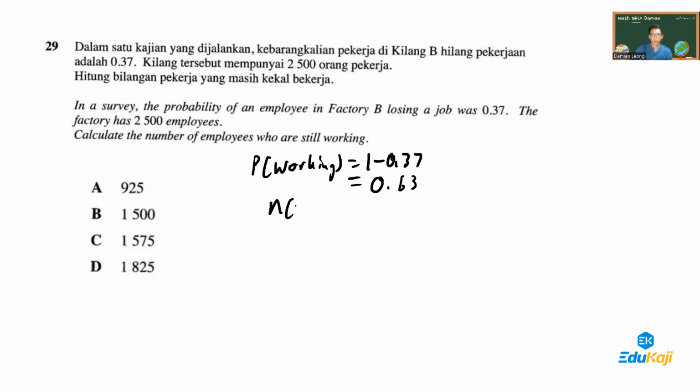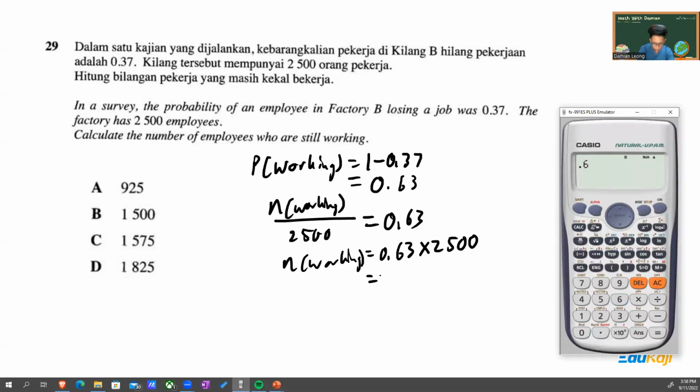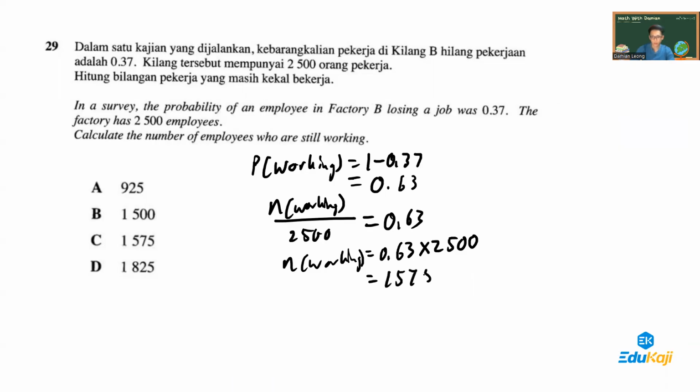Number of employees working over total number of employees is the same as the probability that they are still working, 0.63. Means number of them working is just 0.63 times 2,500, 1,575. Okay, answer C.